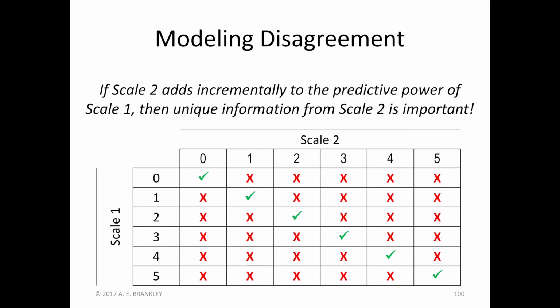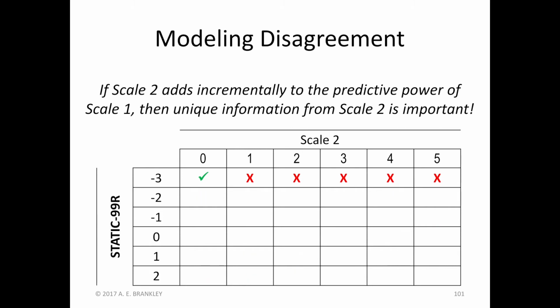The concept of disagreement was used to optimize placement within the standardized risk levels. Let me explain what I mean. So let's assume that we are using the static and stable in our assessments, and we know that both predict recidivism. So the evaluee scored a -3 on the Static-99R, a very low score, the lowest score you can get.